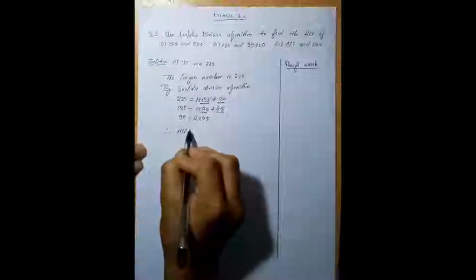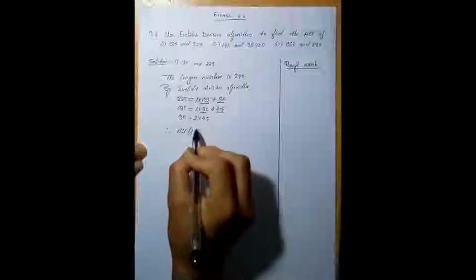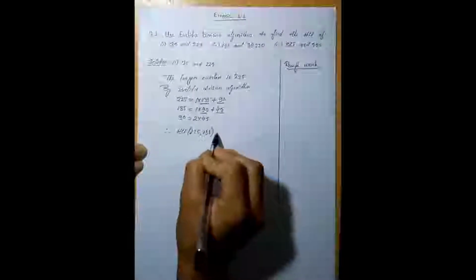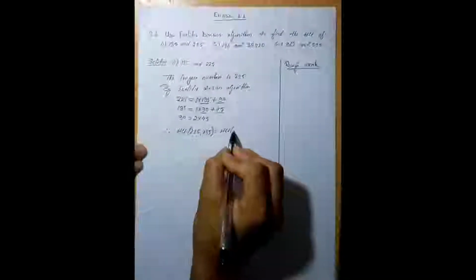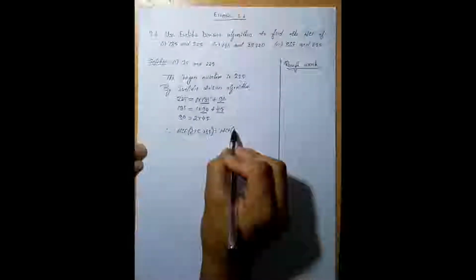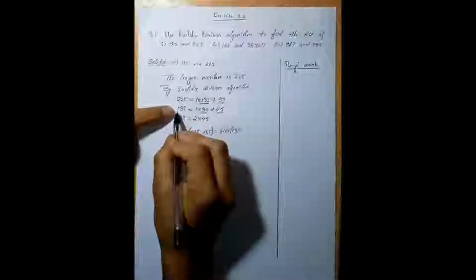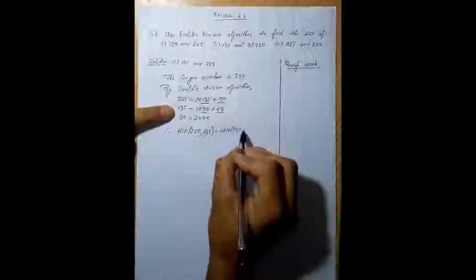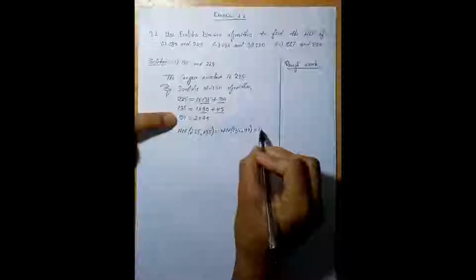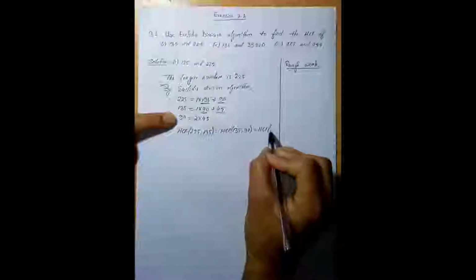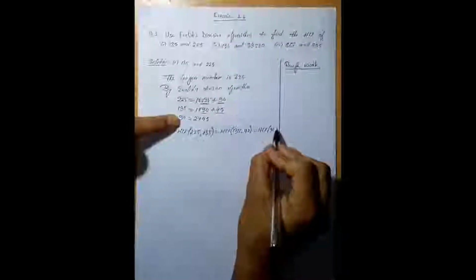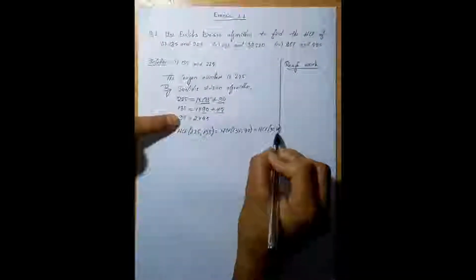Now let's see, therefore we get: HCF of 225 and 135 equals HCF of 135 and 90, equals HCF of 90 and 45.